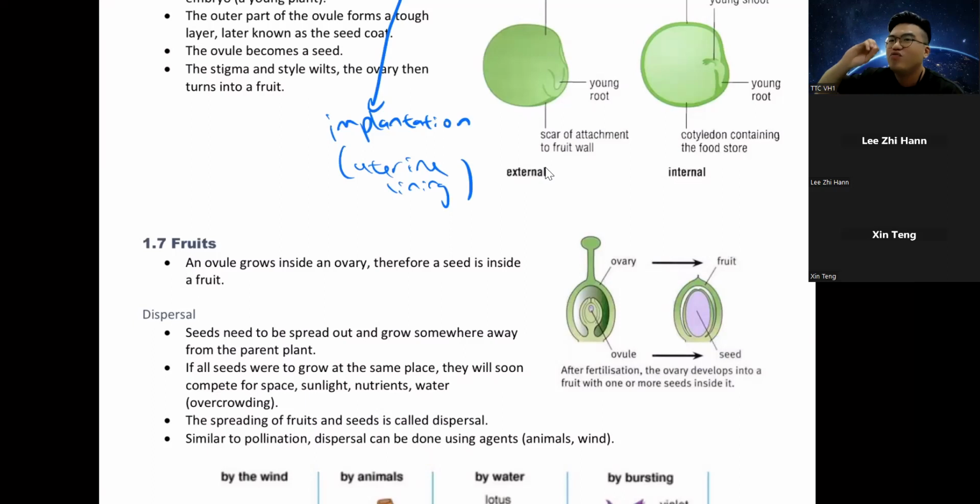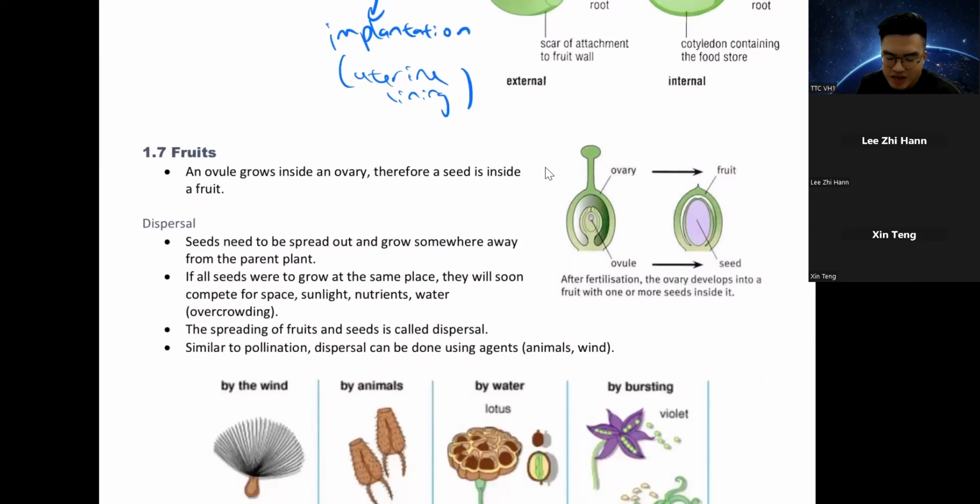Because when we eat the fruit, we throw the seed away, the seed will grow somewhere else, and you have another tree elsewhere. And that's the point, because they want the plant to grow everywhere so that they don't get extinct. You see, humans, we give birth so that humans will continue to exist. Plants, the same thing. They will want to grow everywhere so that they don't go extinct.